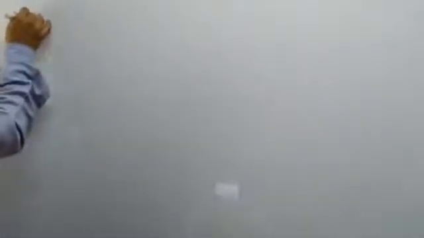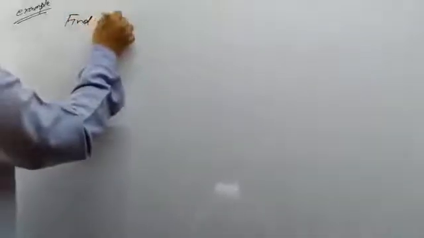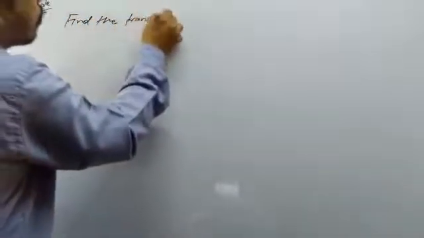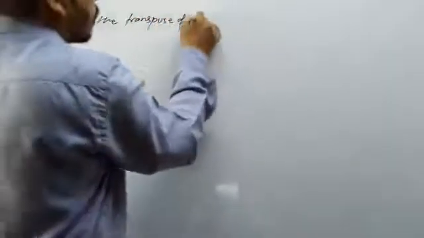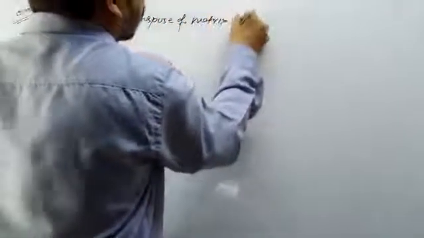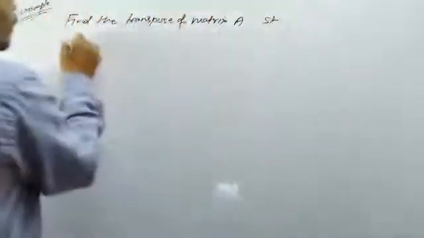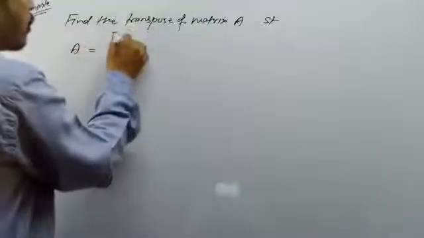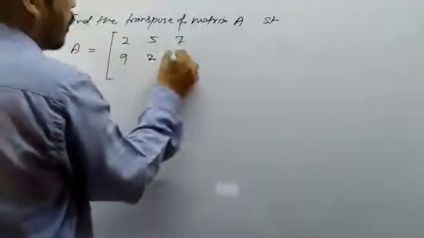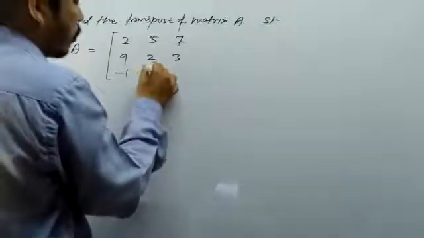Now come to the example of transpose of matrix. Example: find the transpose of matrix A such that A is equal to [2, 5, 7; 9, 2, 3; -1, 0, 4].